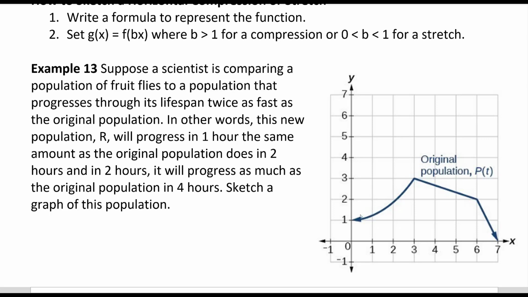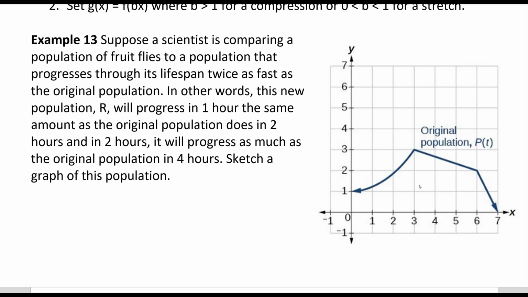We saw this problem earlier when we did a vertical stretch, but now there is a population that progresses through its lifespan twice as fast as the original population. In other words, this new population R will progress in 1 hour the same amount as the original population does in 2 hours. And in 2 hours, it will progress as much as the original population in 4 hours. Sketch the graph of this population.